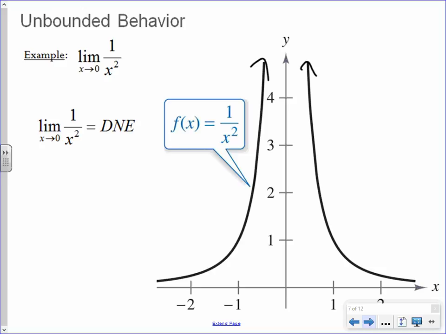So, the limit as x approaches 0, well, on both sides of 0, it's growing and growing and growing towards infinity. It does not exist. The limit as x approaches 0 does not exist.